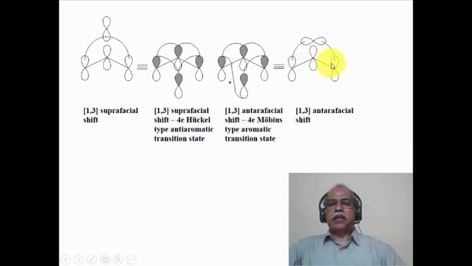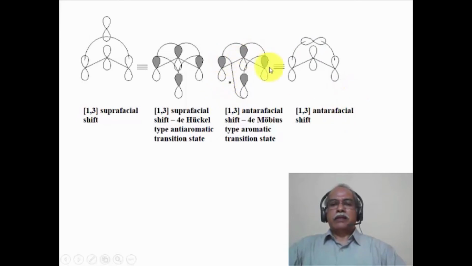If you look at this picture, it is very clear. Originally this lobe was attached here and now it is migrating to this particular carbon. A 1,3 shift is what is taking place in this particular case. So you can see here with respect to the pi framework it is suprafacial, but with respect to this carbon which is migrating it is antarafacial, because originally this is the bonded lobe, whereas now the bonding is happening from the opposite side of the molecule, from the other lobe of that particular carbon.